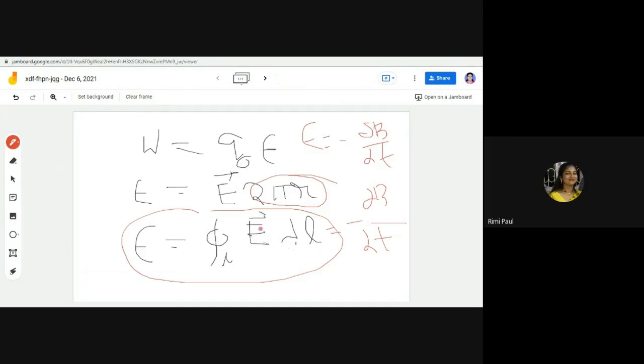So from this we see that if magnetic flux is changing, then electric field intensity is coming, and we are taking a closed line integral E dot dl is equal to minus del B by del T.